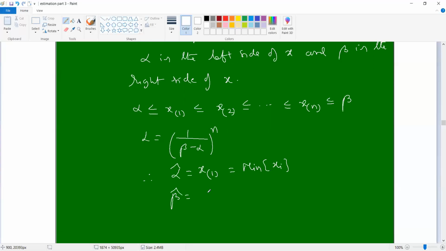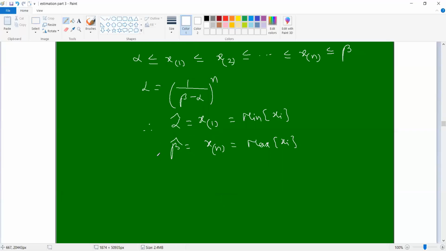Beta cap is equal to xn order. That is the minimum value of beta, equal to xn order. This is the maximum of xi. Now, by substituting these two in this one, L is maximum.